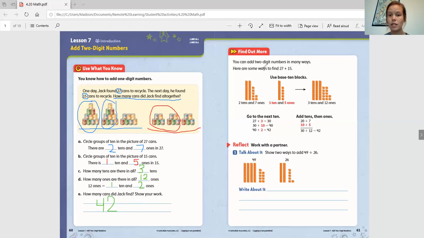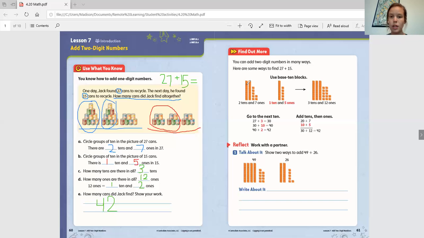Here are some ways to find 27 plus 15. That was our problem from right over here, and we used one way to do it, so let's figure out what other ways we could do it. Right here we have our 10s, our unifix cubes making up 10, and then our ones. So we have 2 tens and 7 ones.